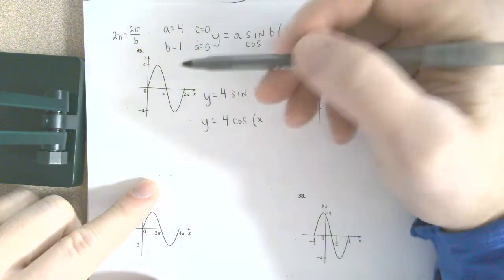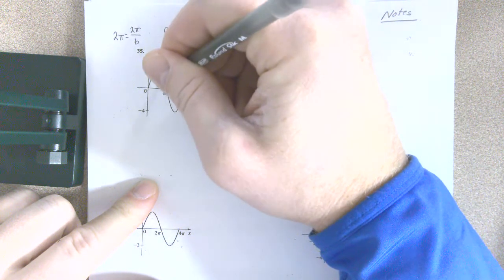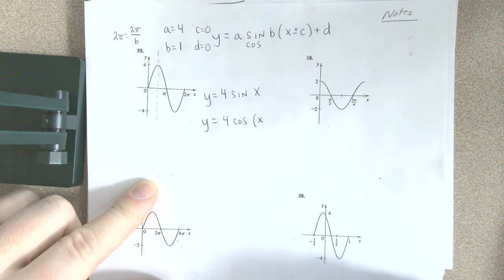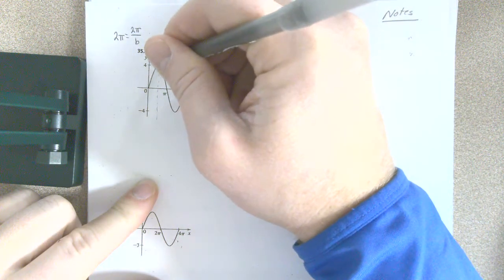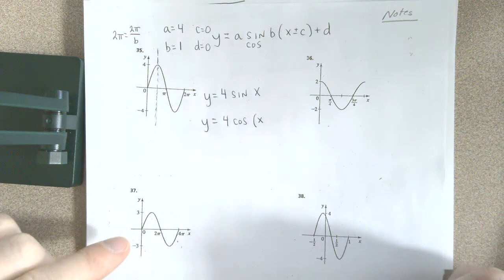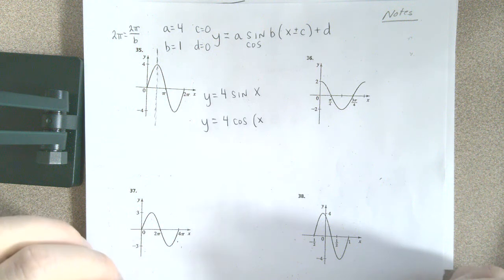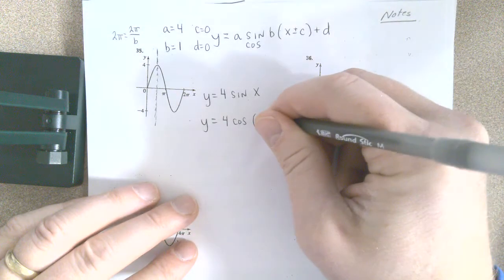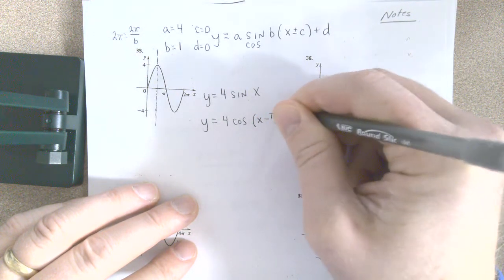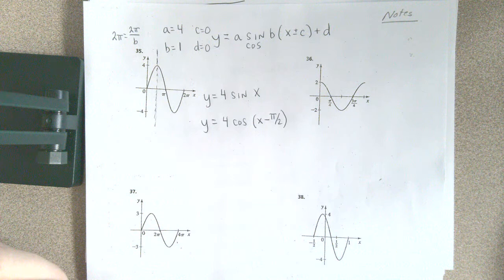So for cosine, I'm actually shifting over here to this starting point to the right. I don't know if it helps you to draw in a little dotted line where we're starting, but that would be a shift to the right. In this case, how far over are we shifting it? Pi halves. So it's going to be x minus pi halves. That would be my equation for that curve.